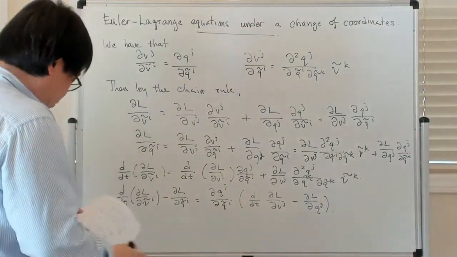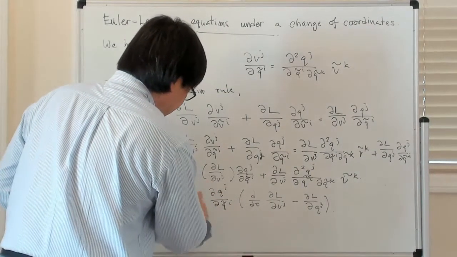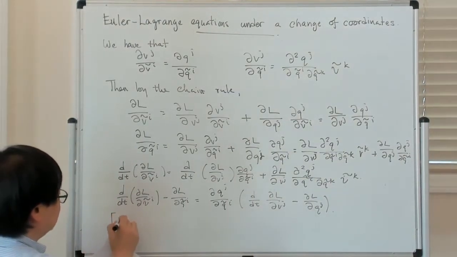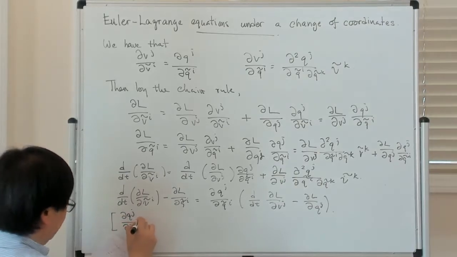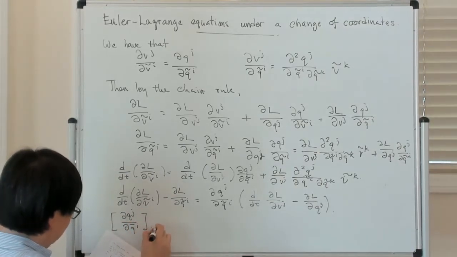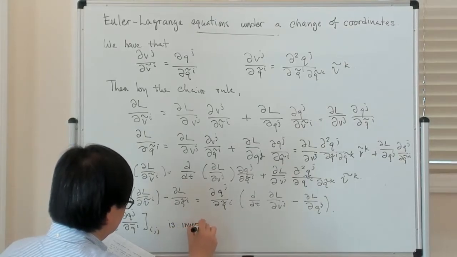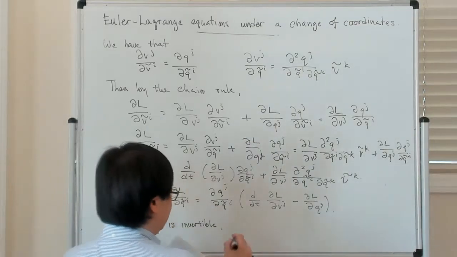All right, so that shows you what you need, and then the other observation is that this thing viewed as a matrix, ∂q_j/∂q̃_i for i and j, is invertible because it is just the Jacobian of the change of coordinates map.